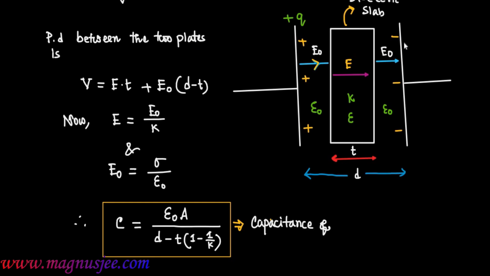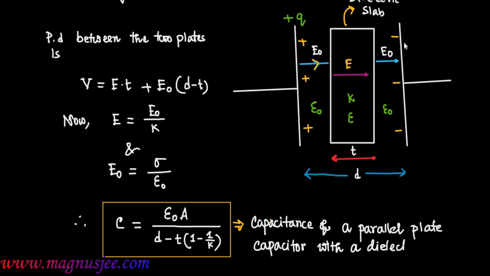This is the capacitance of a parallel plate capacitor with a dielectric slab between the two plates of the capacitor, such that the thickness of the dielectric slab is less than the distance between the two plates.